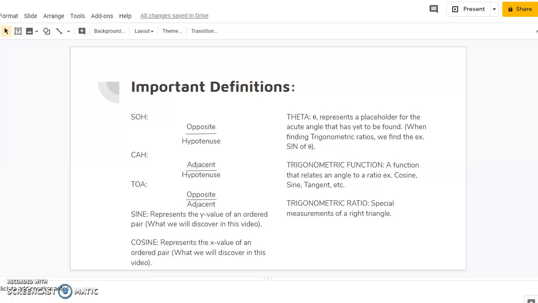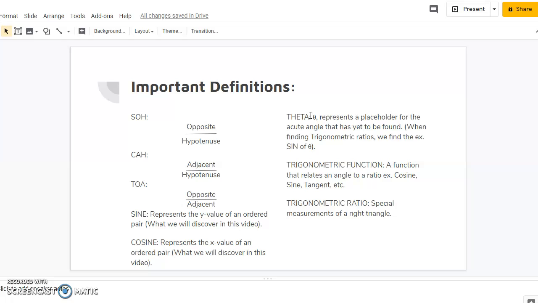Sine represents the y value of an ordered pair. What we will discover in this video is the fact that sine is the y value of an ordered pair based on the unit circle. Cosine is the x value of the ordered pair, again something we will discover later on in this video. Theta is this symbol right here. It represents a placeholder for the acute angle.